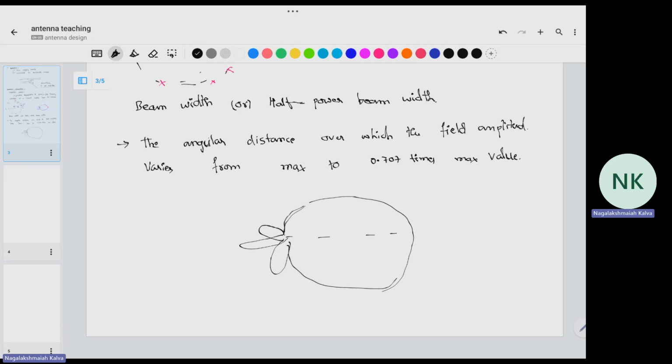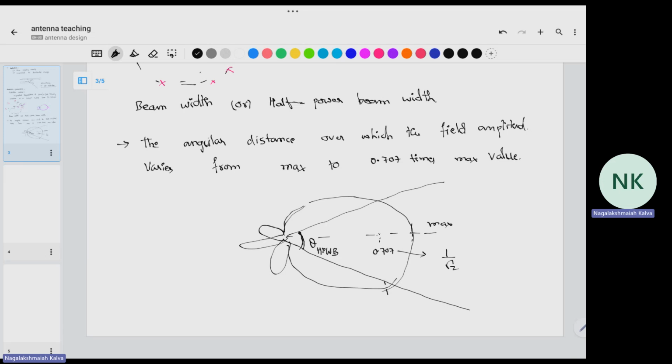If I consider this as the maximum, to 0.707 times, meaning 1 by root 2 times, wherever you are getting this value as an intensity, the range of theta, or angular distance, you can call it the half power beamwidth.